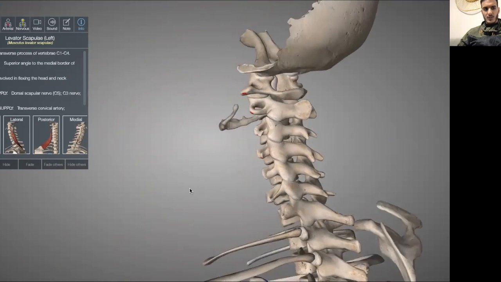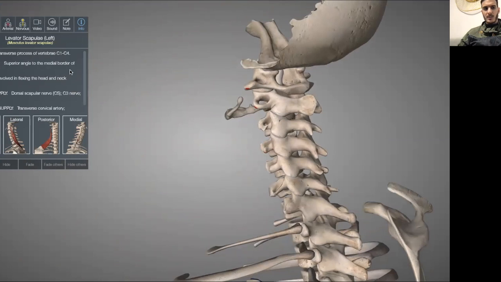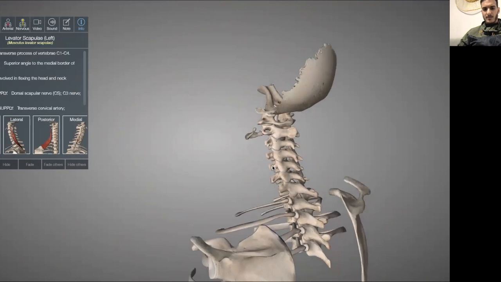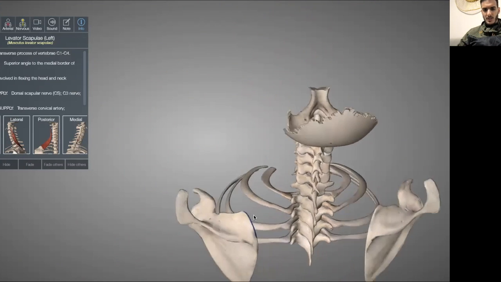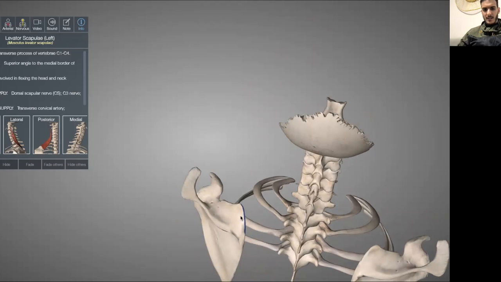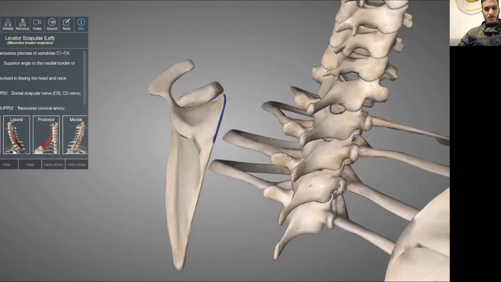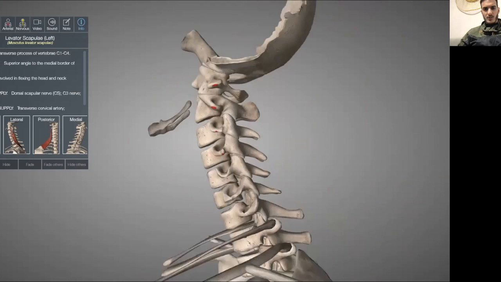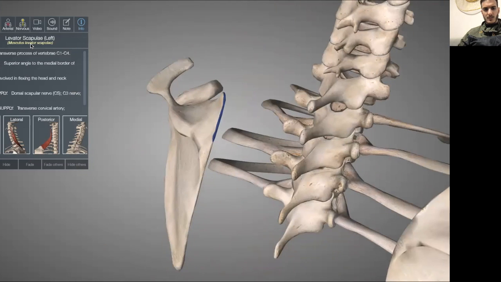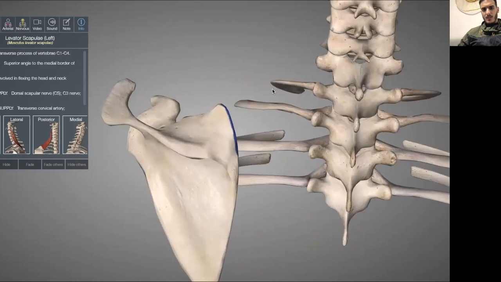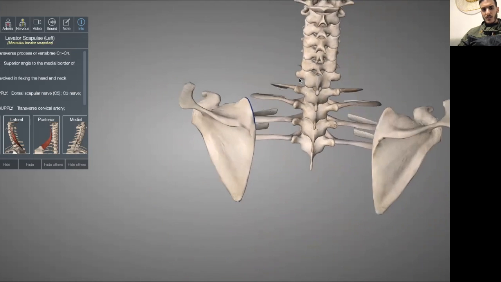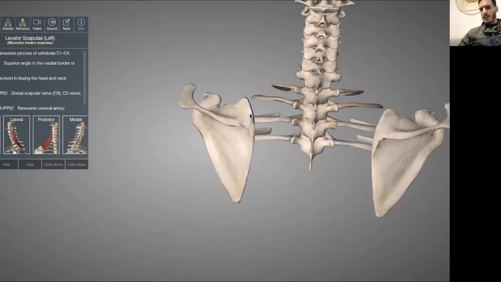The insertion is on the superior angle of the medial border of the scapula. Right here, that's the insertion. The muscle mainly elevates the scapula.